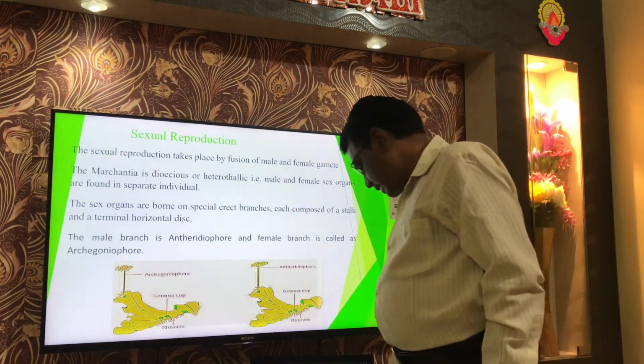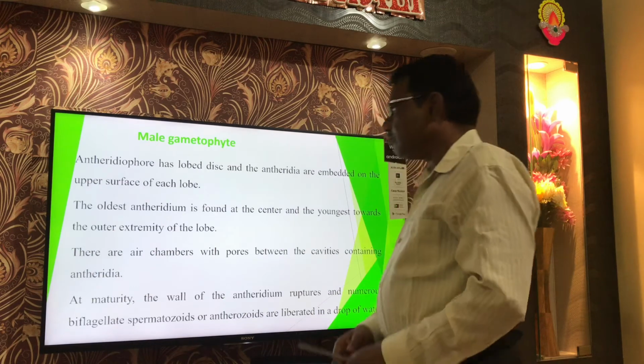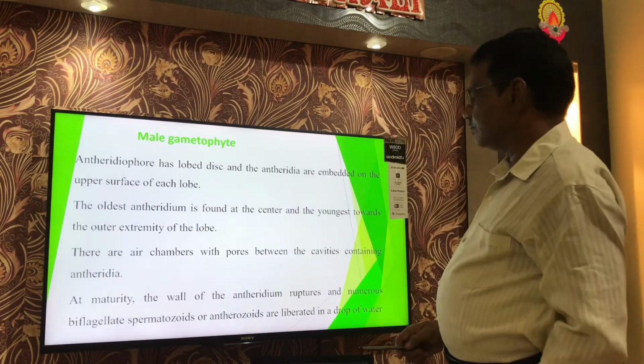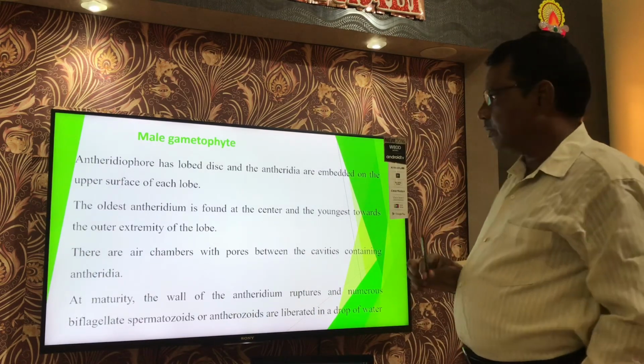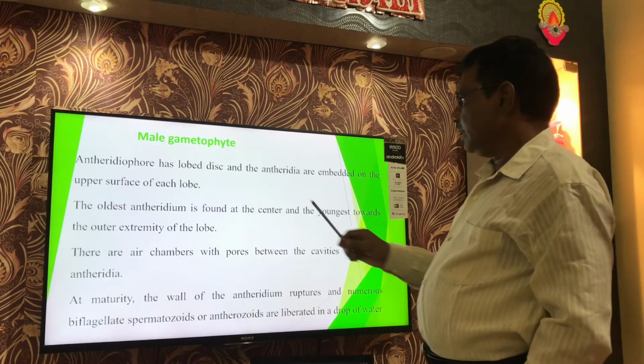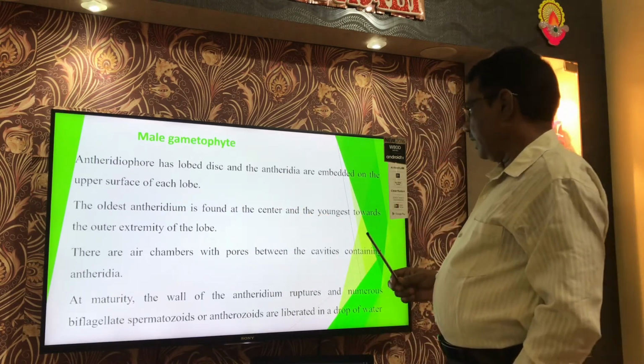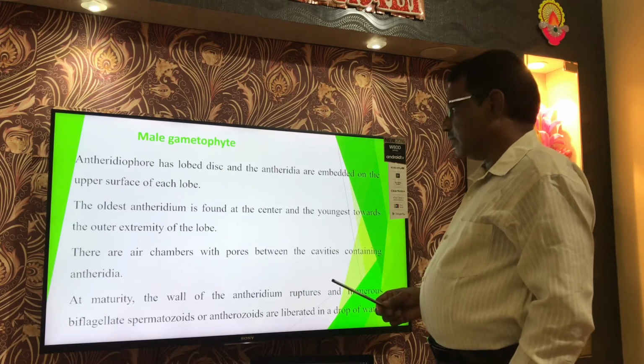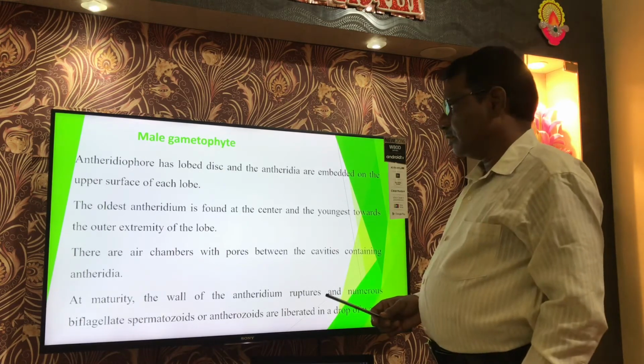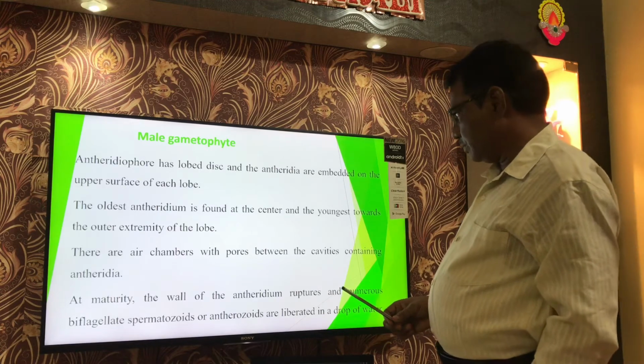If you observe the structure of the antheridiophore, it has a lobed disc, and a number of antheridia are usually embedded on the upper surface of each lobe.